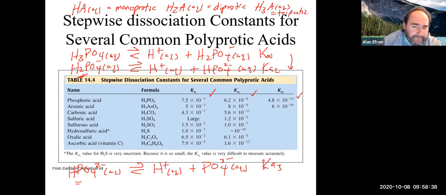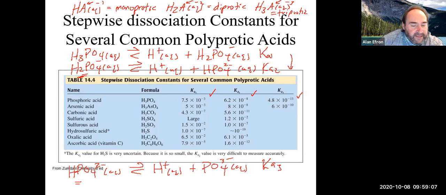And these are generic formulas. We saw HA earlier. For a diprotic acid you'd use H2A, and H3A for triprotic. The important thing to remember is that the charge on A changes. The A here is -1, the A here is -2, the A here is -3 in terms of the charge, kind of like what we have here with phosphate, -3 overall.